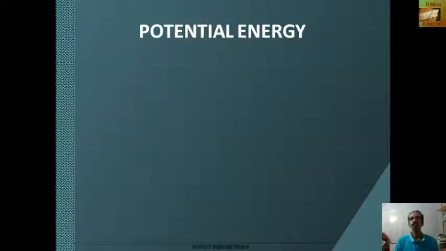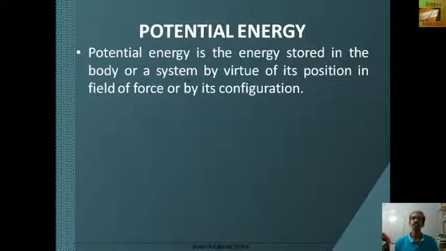Now we can see potential energy. Potential energy is the energy stored in the body or a system by virtue of its position in a field of force or by its configuration. Examples include energy possessed by a stone kept at a height, or the energy possessed by the water being kept in a dam, or the energy possessed by the compressed spring.